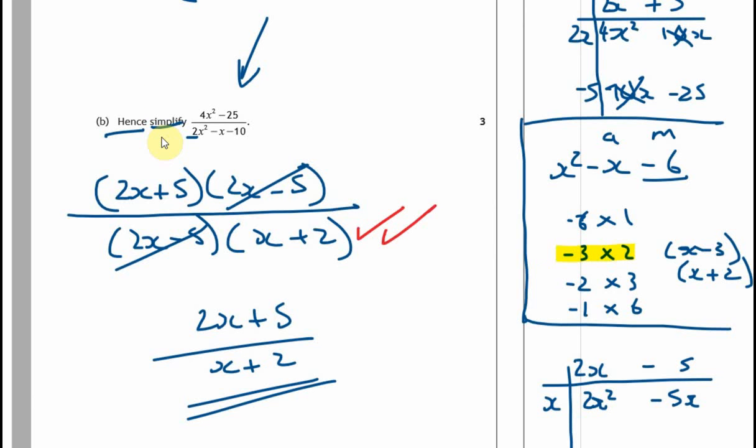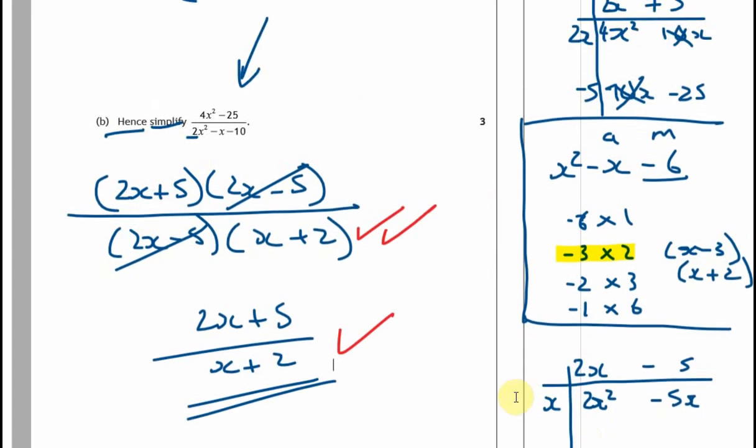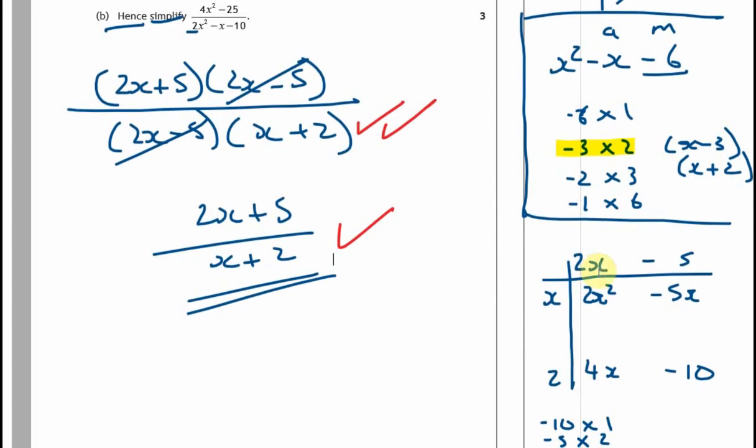So if you just knew that it was 2x and 5 and x and 2, without any signs in it, that's a mark right there. And then when you know what the signs are, that's another mark. And then you get your final mark for simplifying. So there you go, that's news to me. So interesting, just not even knowing the signs, just writing down that 2x.